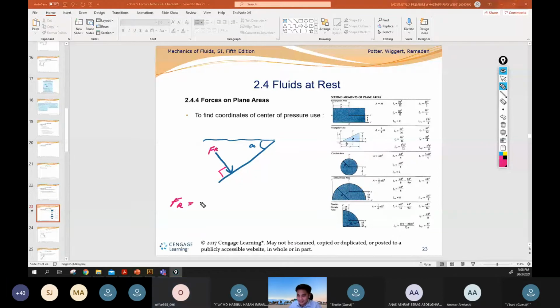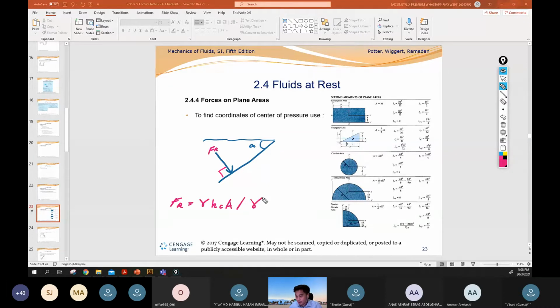Basically, Fr is equal to gamma sine theta times hc times A, remember? Times area.